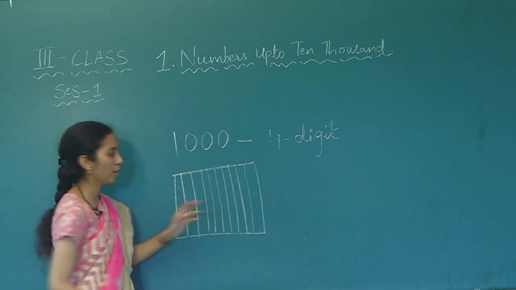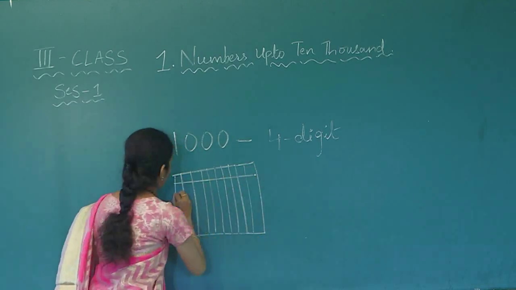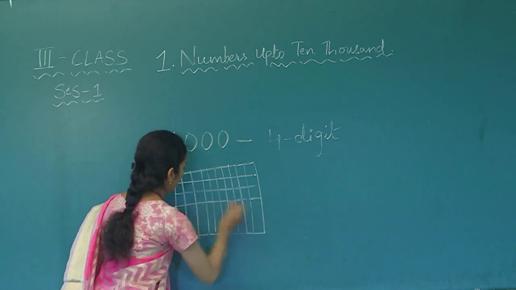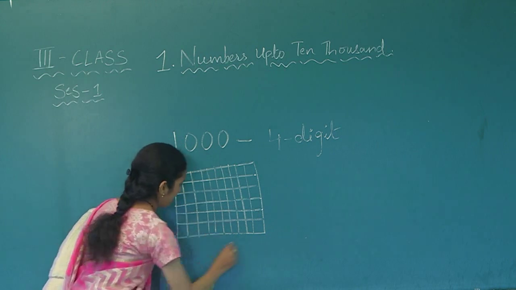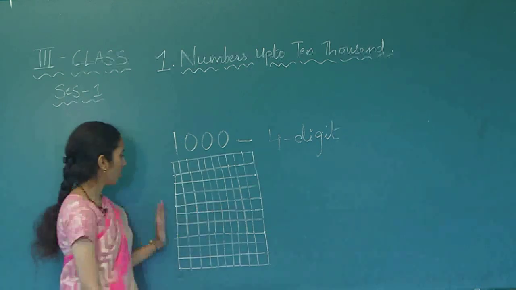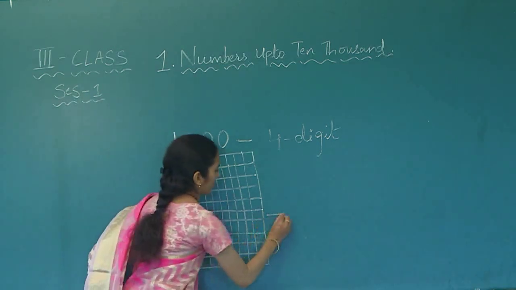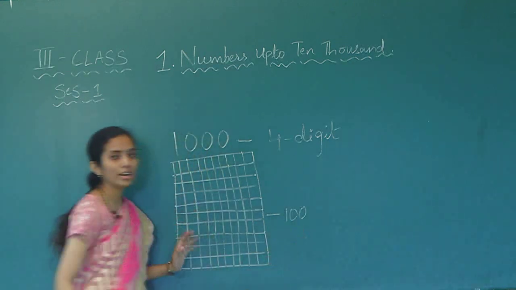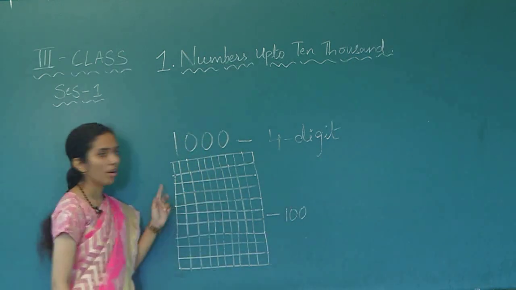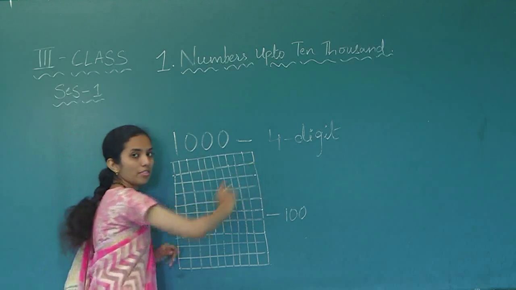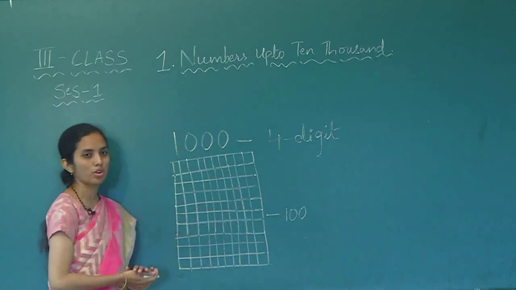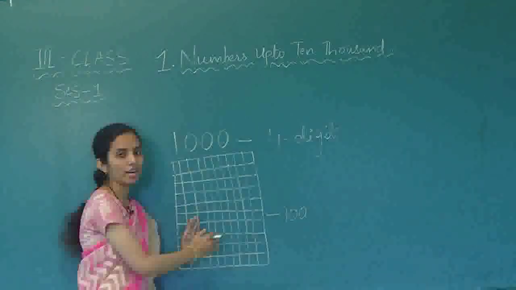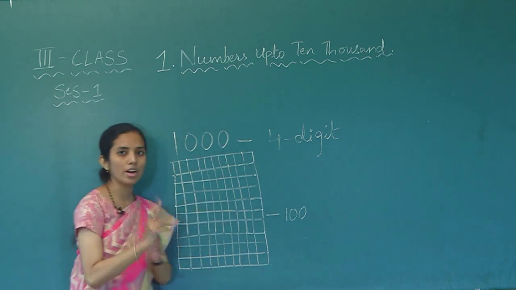So there will be 100 boxes. So children, this is a 100 representing square. Why? Here in this manner we have 10 boxes and this way also we have 10 boxes. So 10 into 10, 10 tens make 100 boxes.